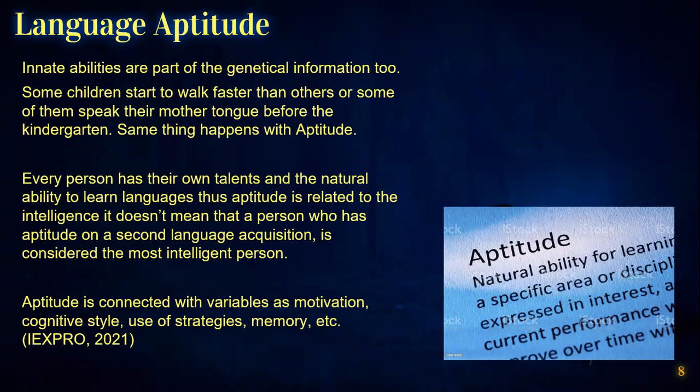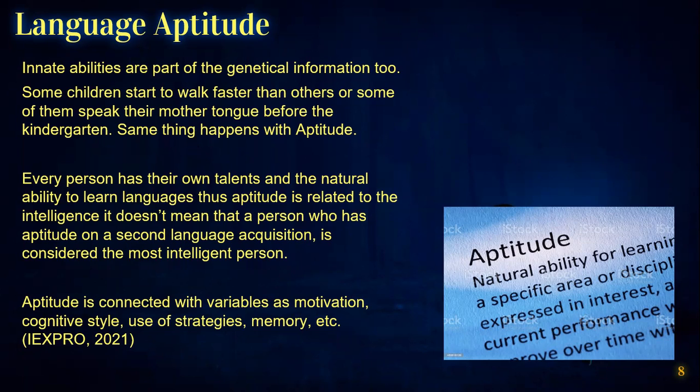Then the factor of aptitude. Language aptitude refers to natural innate abilities that are part of the innate genetic information too. Some children start to talk faster than others, or some of them speak their mother tongue before kindergarten. The same thing happens with aptitude.